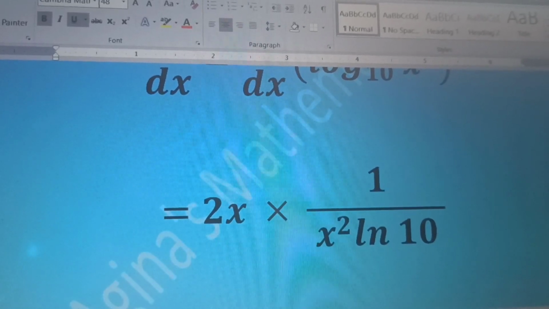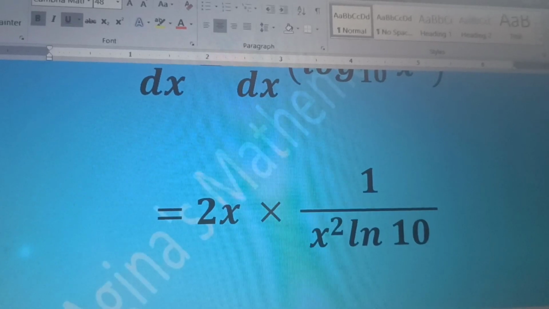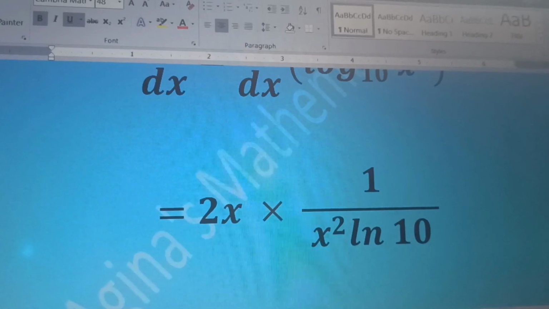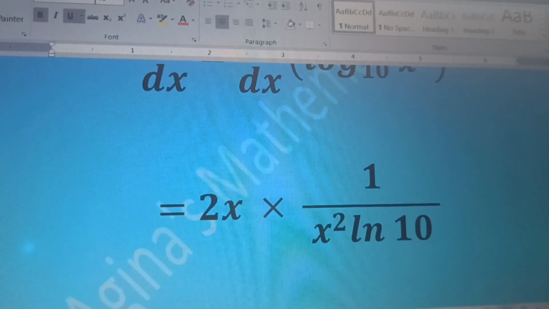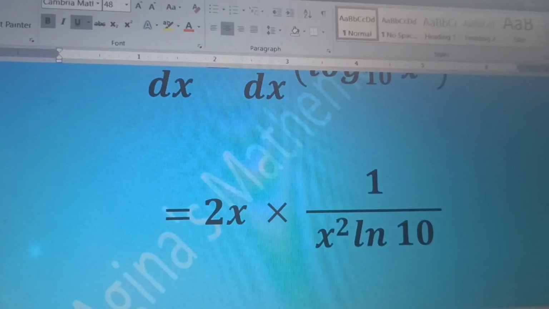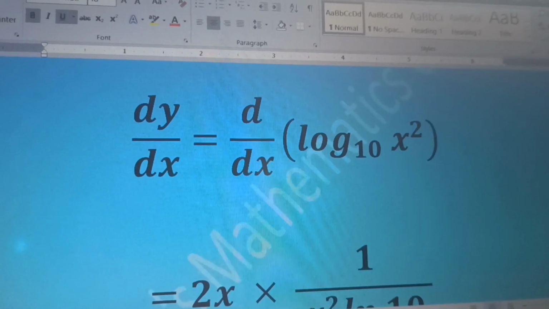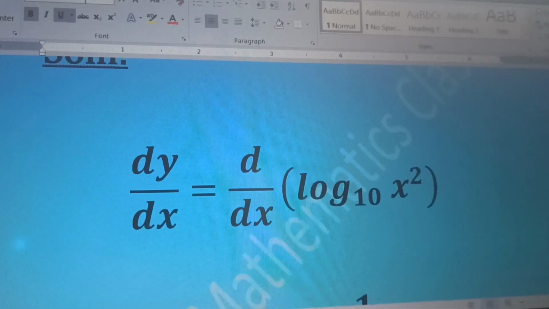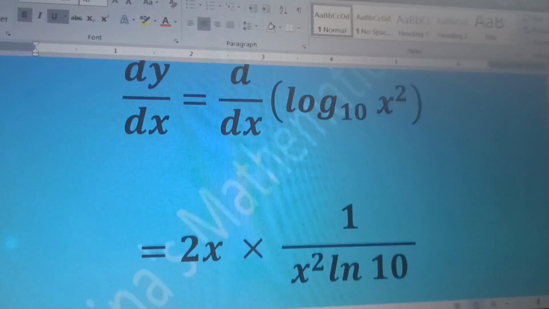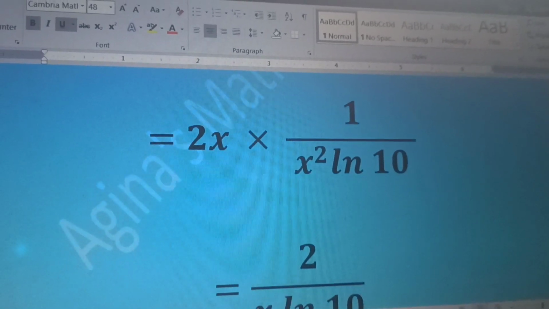And if we differentiate the logarithm function, we will have 1 over x squared ln 10. The base is 10, so we'll have ln 10. And we will also differentiate x squared. If we differentiate x squared, we will have 2x. So that is why we have here 2x times 1 over x squared ln 10.